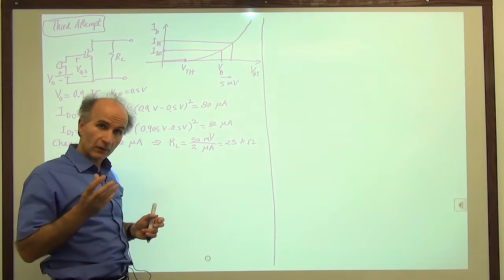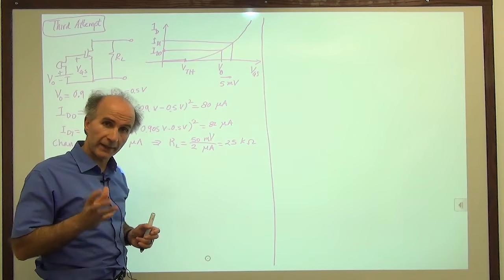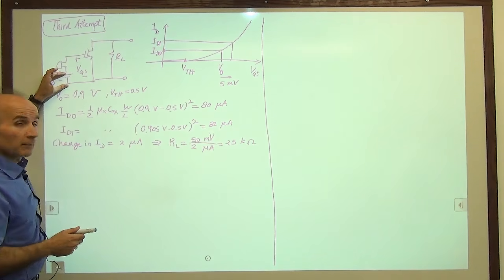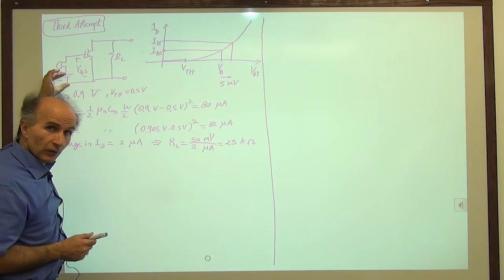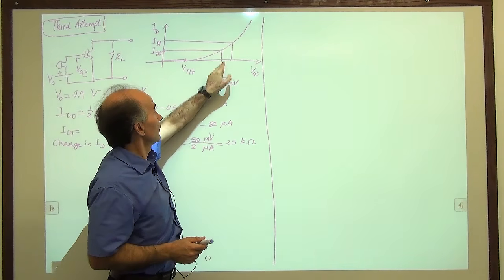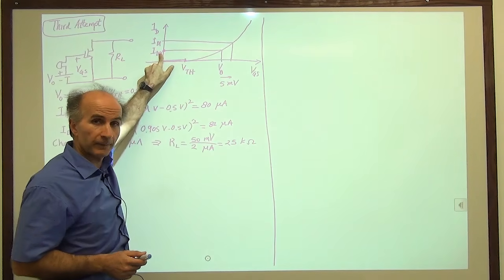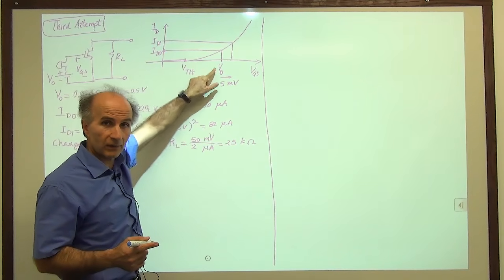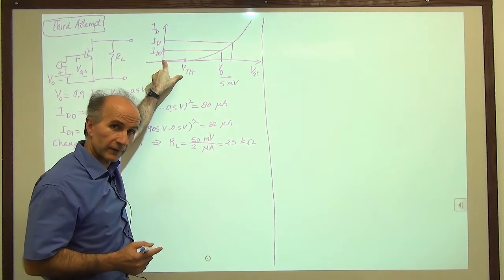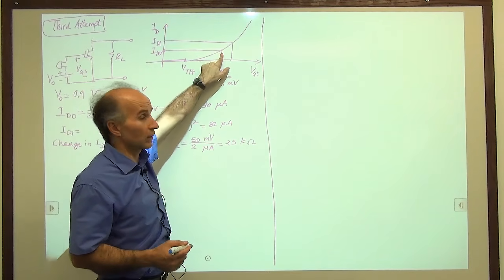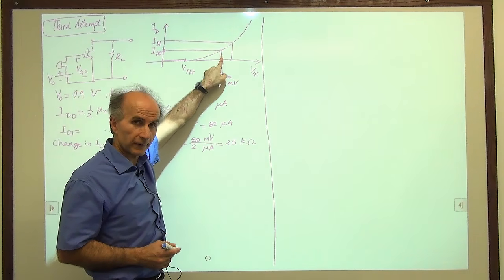And those conditions are called biasing, bias conditions. For example, we have a certain battery between the gate and source so as to create a certain VGS over here and a certain amount of current. So even when there is no signal, the device has a certain VGS and a certain drain current. Those are called bias quantities. And in fact, this point is called the operating point.